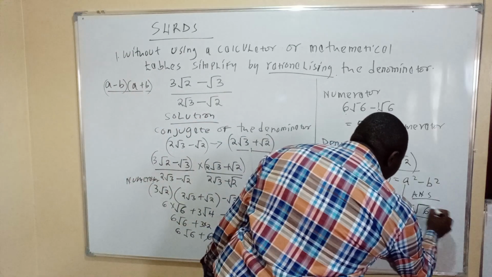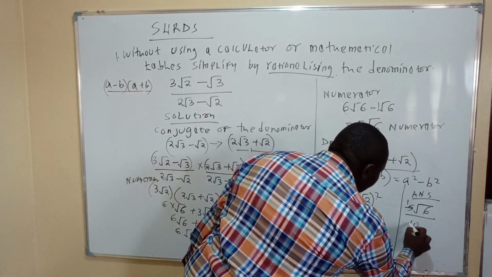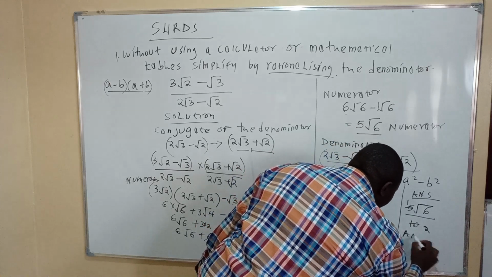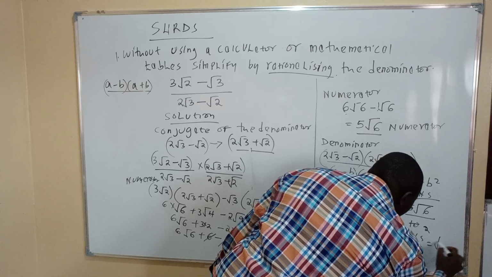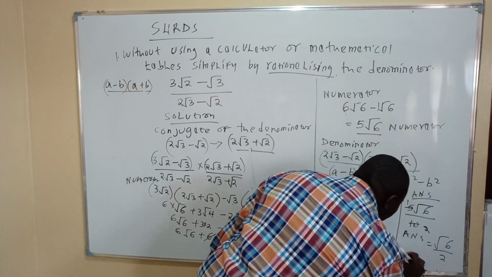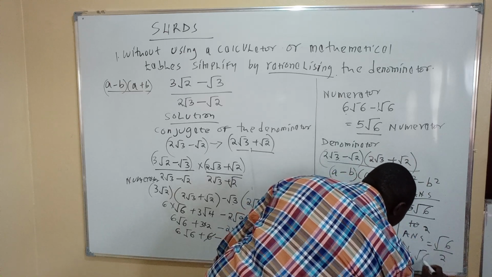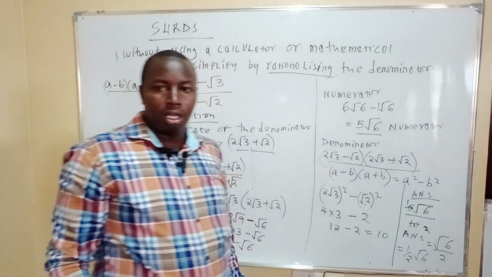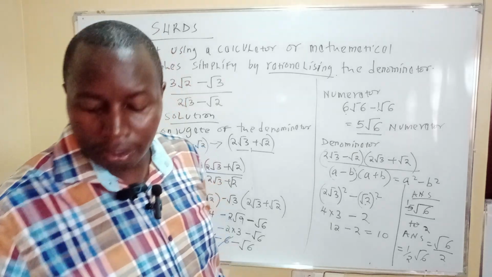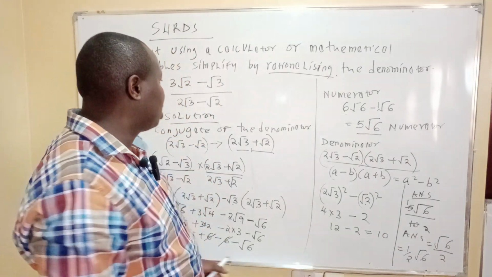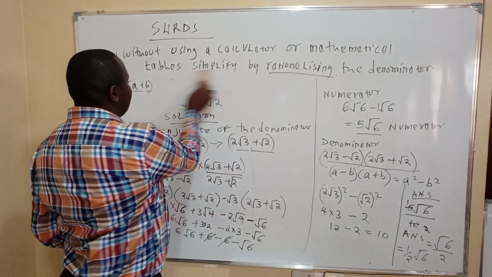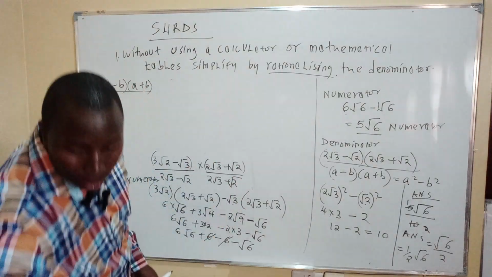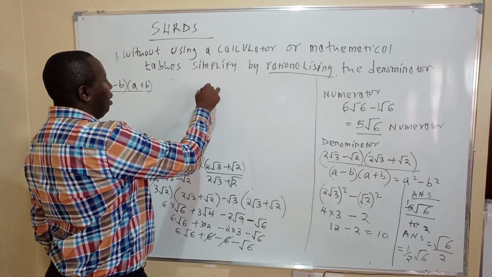So this answer here, you divide 5 by 5 and 10 by 5 to get 2. So your final answer in this case will be root 6 all over 2, which is the same as saying a half root 6. So that is the final answer in that question.